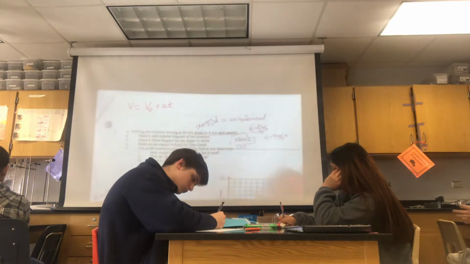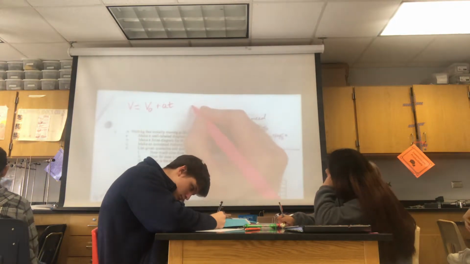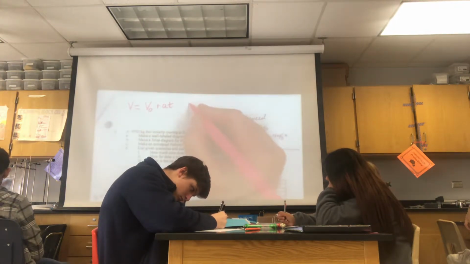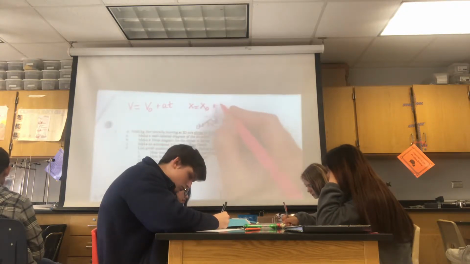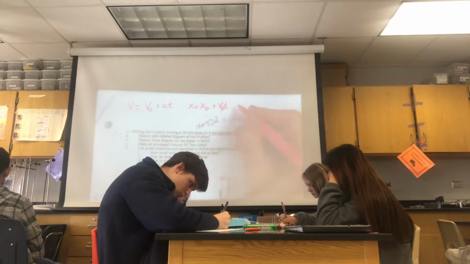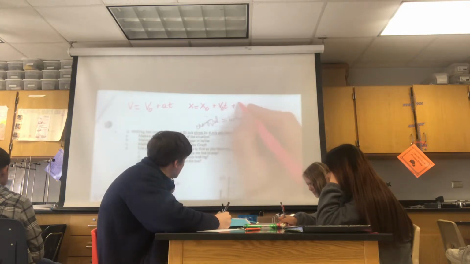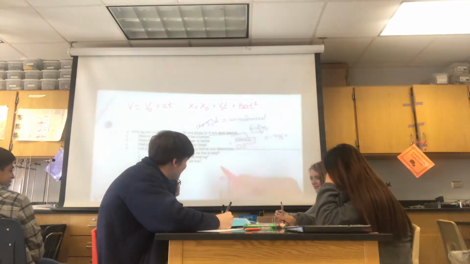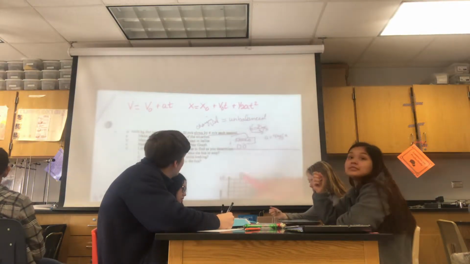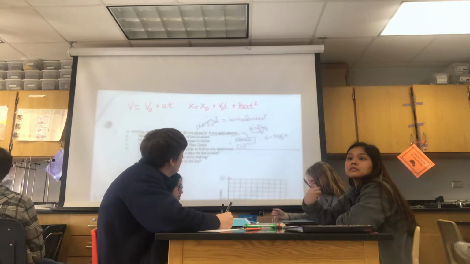All right, that's super great. What's the next one? X equals X naught plus V naught T plus 1/2 AT squared. Right. Okay. Garrett, I need you here with me. All right, so that's great.